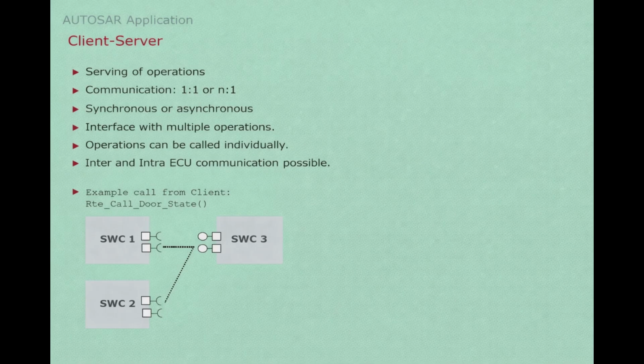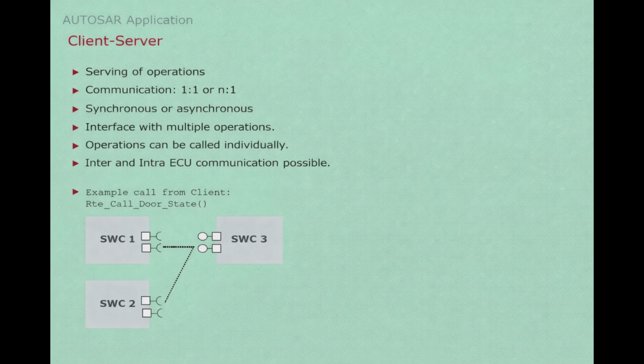Asynchronously means the client dispatches a job at the server and then continues running. And once the server is finished, there are different ways of returning. Either the client can poll the server state, or the server notifies the client that it is finished. Different ways of how this can be configured.